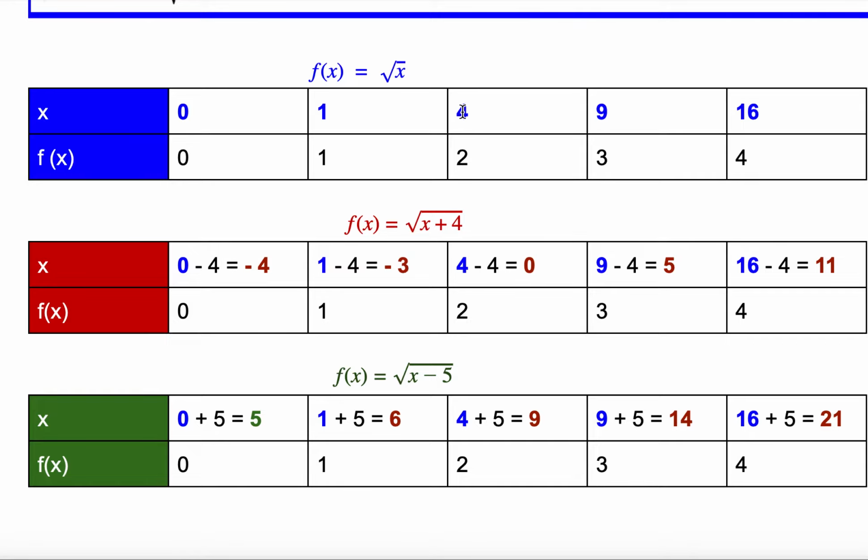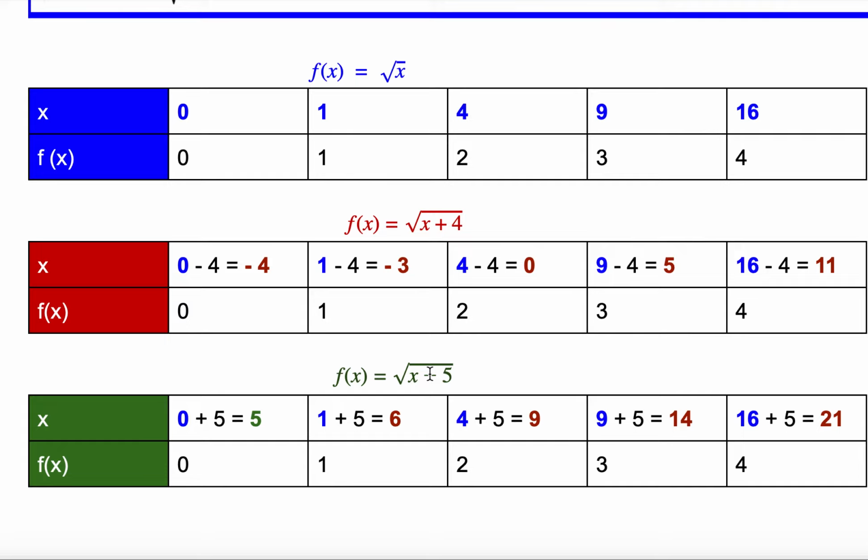Here is 4 in the parent function, and moving 4 units to the left, 4 minus 4 is 0. The other point is 9 minus 4, because it's moving 4 units to the left, is 5, and the other point, 16 minus 4, is 11. So the new points are (minus 4, 0), (minus 3, 1), (0, 2), (5, 3), and (11, 4), which lie on the graph of the function f of x equals square root of x plus 4.